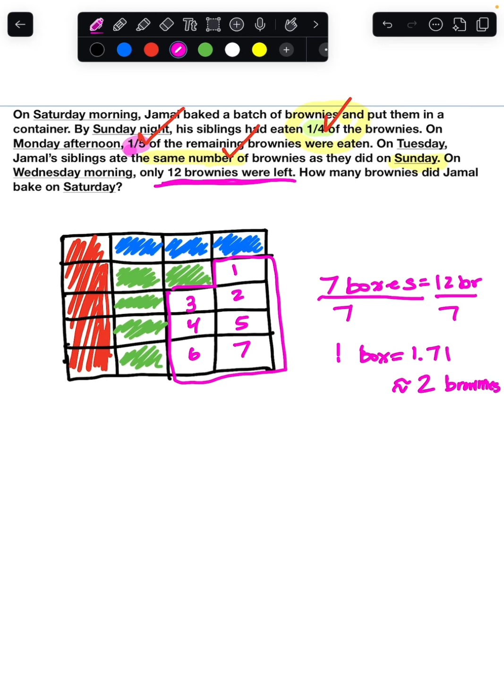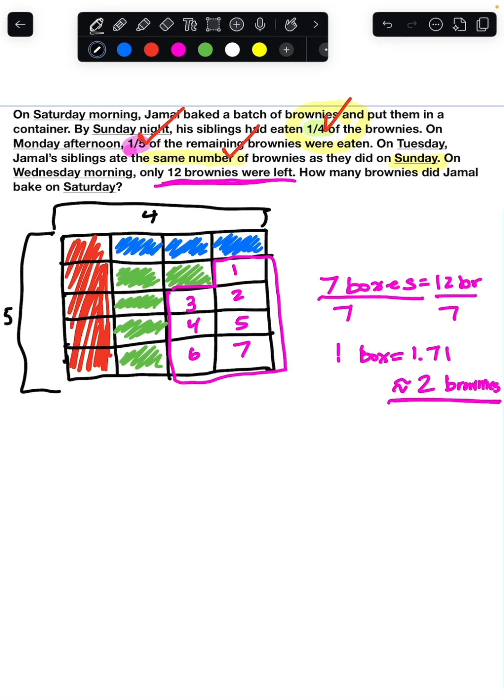And if we know 2 brownies are per box, we have to use all boxes in here to find our total. Well, we know there's 5 here, 4 on the top, so we know there's 20 boxes, 2 brownies each.